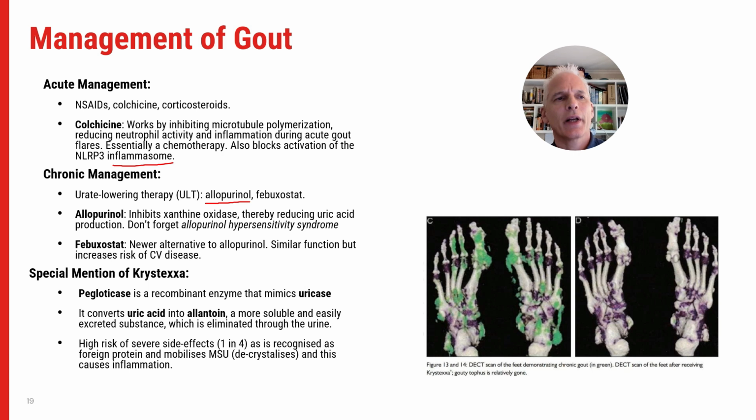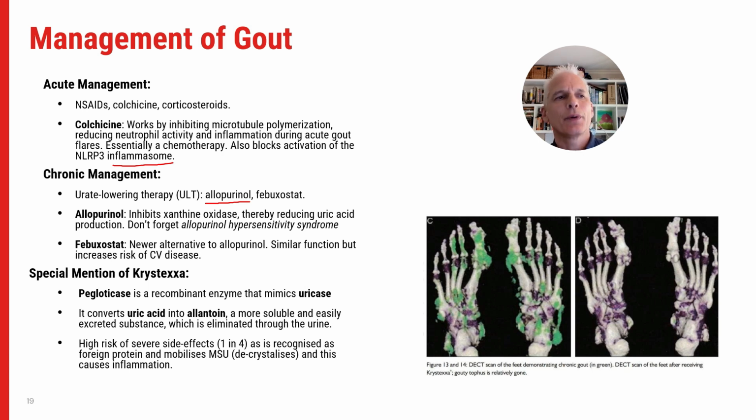If we give someone allopurinol, that is a xanthine oxidase inhibitor. In other words, it inhibits the enzyme which breaks the purines into uric acid. So what happens then is that the allopurinol causes you to not break them down, and therefore you will start to excrete purines rather than uric acid.